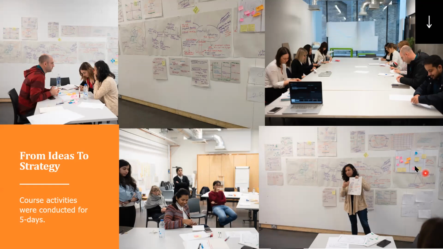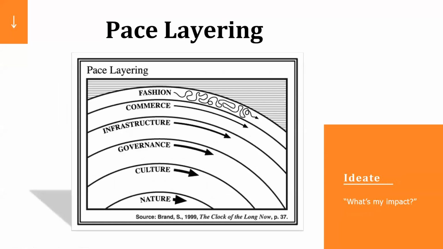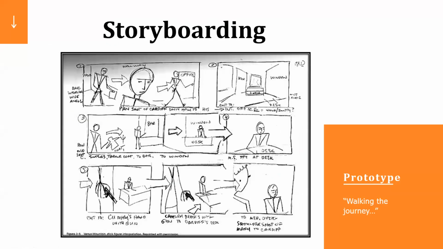Is this feasible, right? Let's say when we map it out, there are some things that we need to fix. We need to go back, let's say to the pace layering or the brand value.